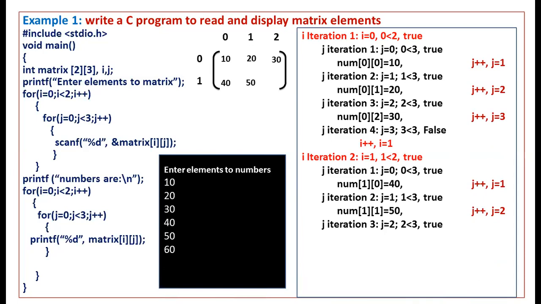Okay, now I'll stop here. See here, in the previous program, after closing the j for loop, I had written printf of \n. Here I have not written it. So you can see the output now.